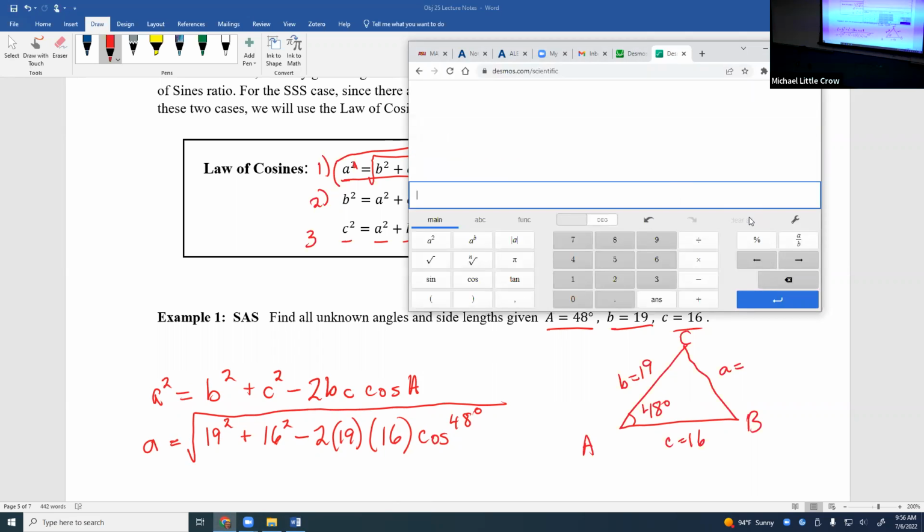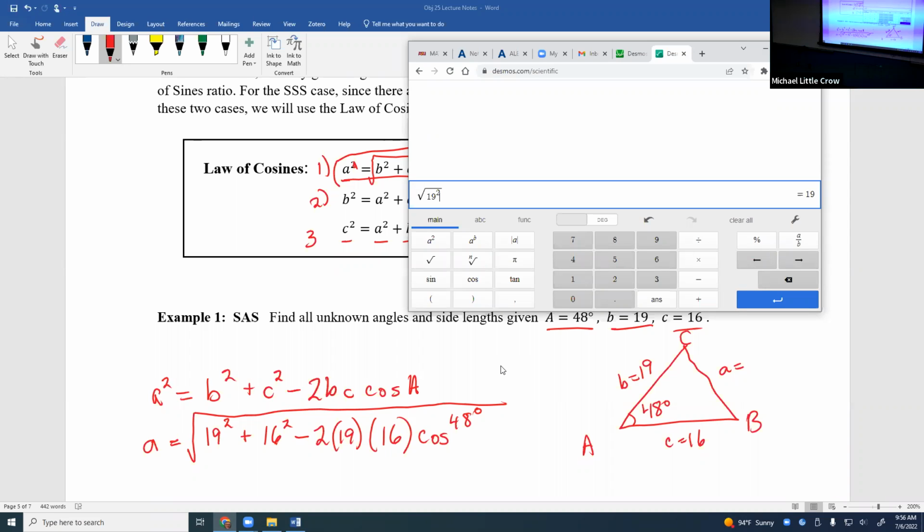Let's clear this out. We're going to put all this in: square root, 19 squared, arrow over. Plus 16.